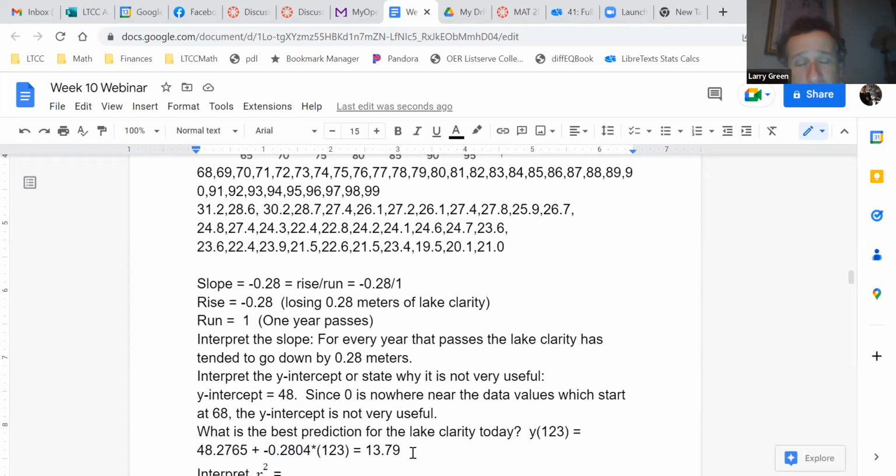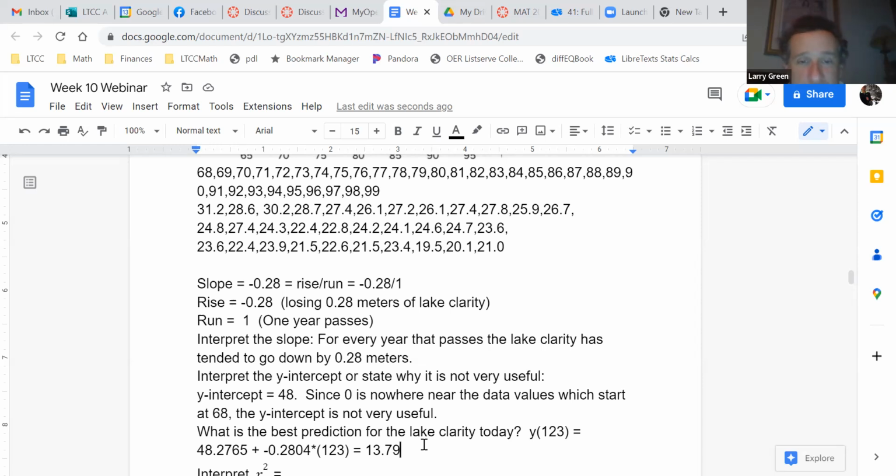By the way, would we be okay if our lake clarity was 13.79 right now? Yeah, that would be horrible. Okay. Lake clarity would be awful. We'd have this muddy looking lake. Okay, so that would be horrible.